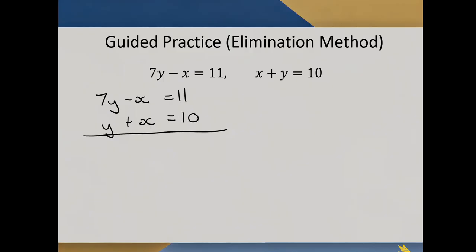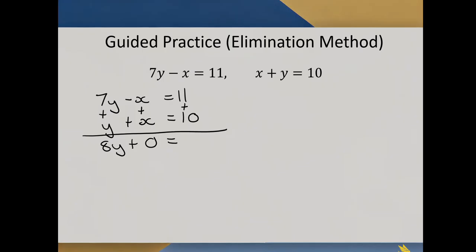Okay, now here we need to think about, do we take away or do we add? So if I go take away and go negative x take away x, I'll be getting negative 2x. But if I plus it and put a plus sign here and plus everything, it means I'm going to be cancelling out my x's. So that's just being mindful of which one we are doing. So the x's are cancelled. 7y plus y equals 8y.